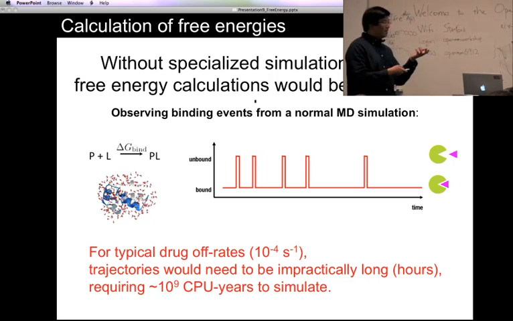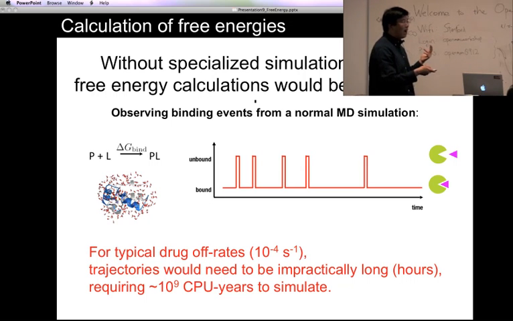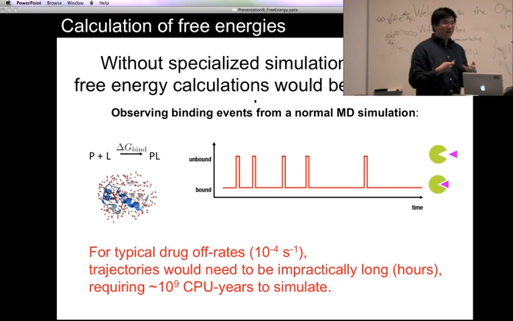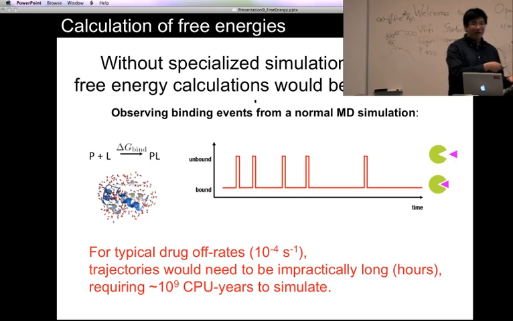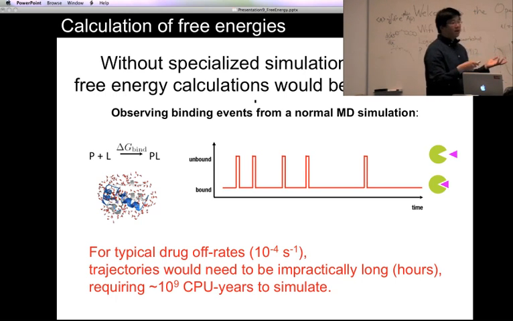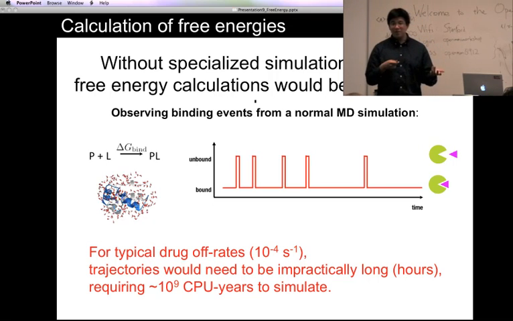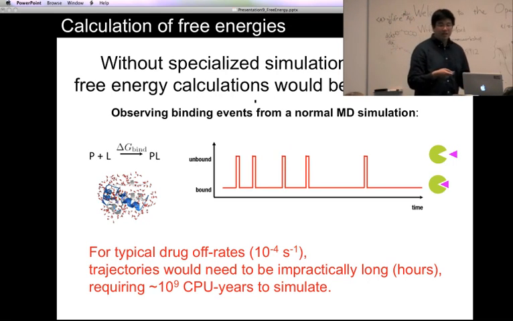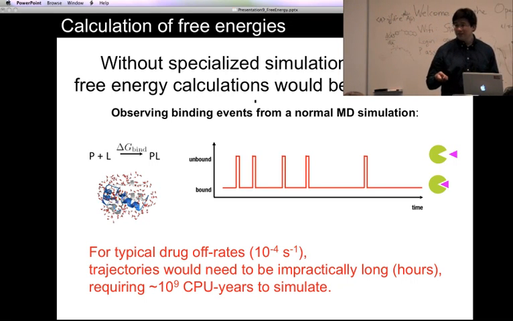But because it takes a long time for the ligand to bind to the protein and to come back out, if you wanted to simulate a physically relevant time scale of, like, an hour, it would take you about 1 billion years to run this simulation. So it's not really practical to just run a regular simulation in order to compute a free energy. You need special types of simulations.